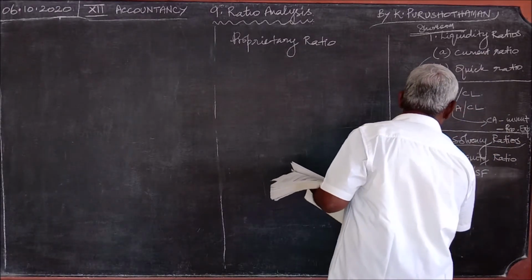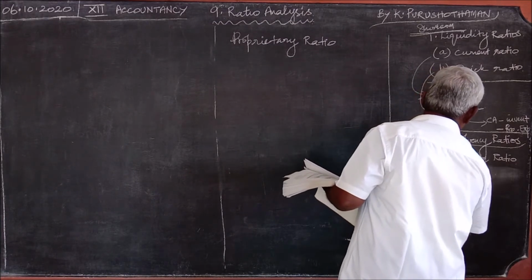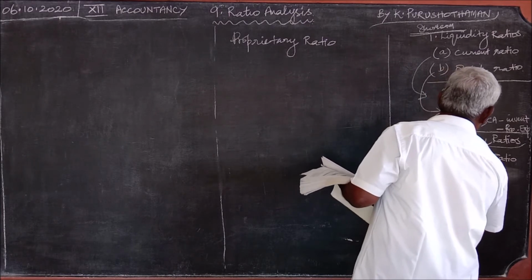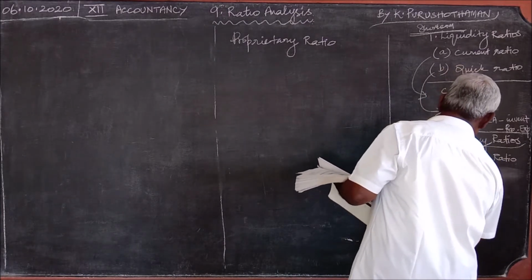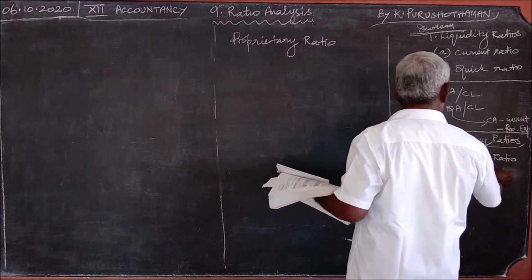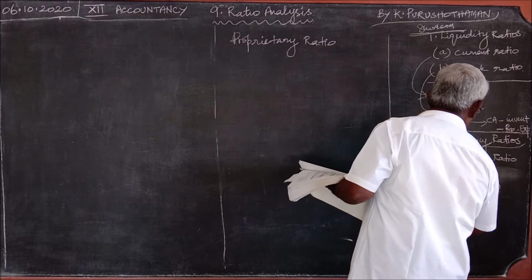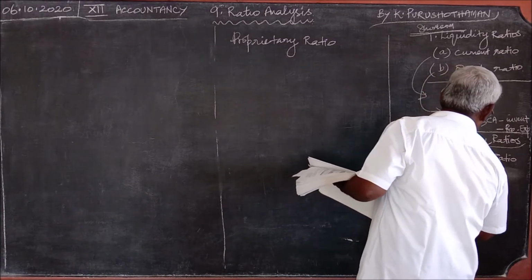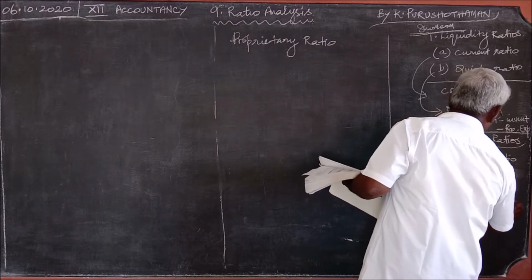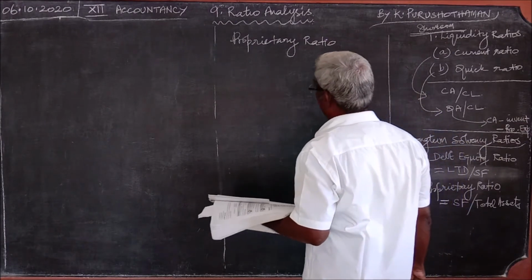Now, in proprietary ratio, it is equal to, this denominator becomes the numerator, shareholders fund by total assets. This is for proprietary ratio.